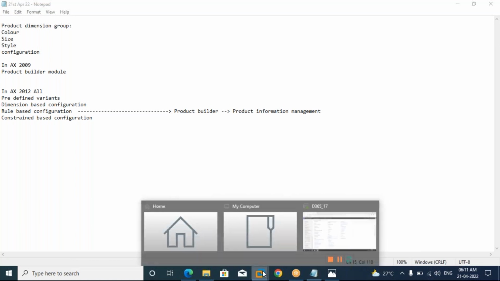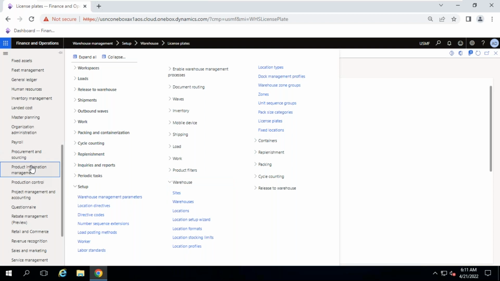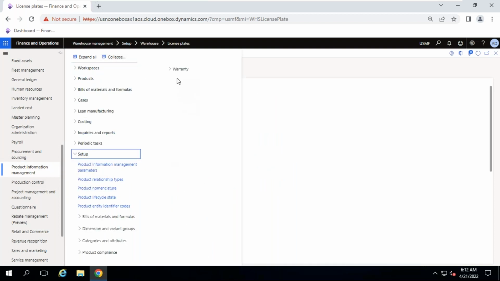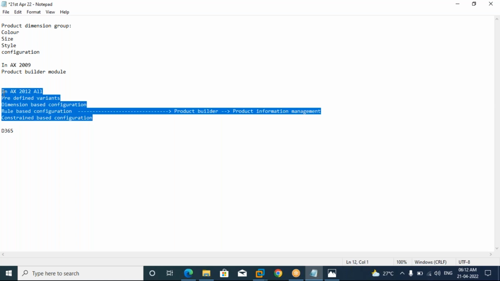What it means, if you go to the product information management module in D365 or 2012, here you will find one more menu, that is product builder. They made it a sub part of product information management. In 2009 it is a module. Now it was made like a sub part of product information management, and in D365 it was already informed earlier, that one is deprecated.